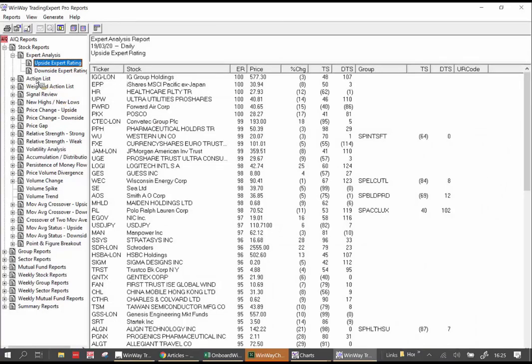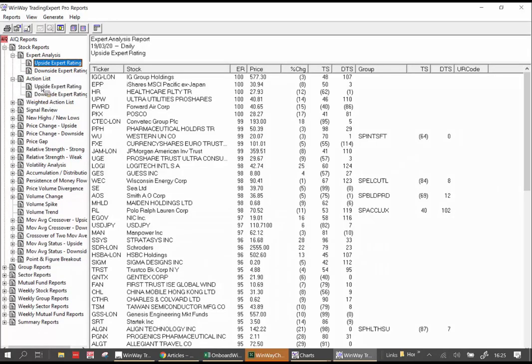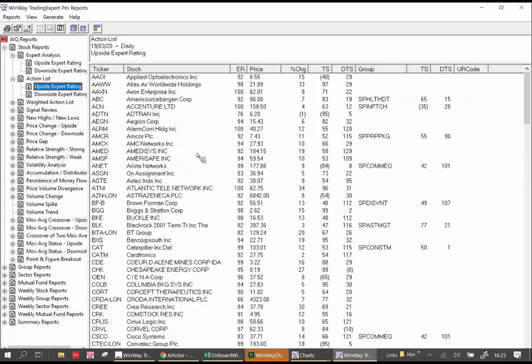So I get an action list here of upside expert ratings which have been confirmed. So here your action list is of those that have not only got an expert rating, but they are confirmed because the phase is showing the same.